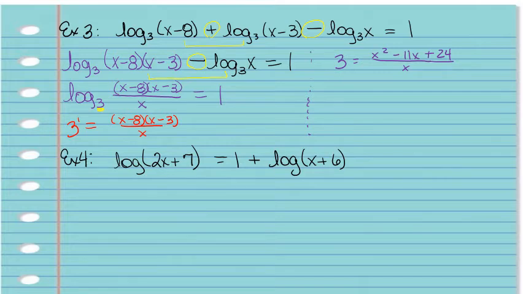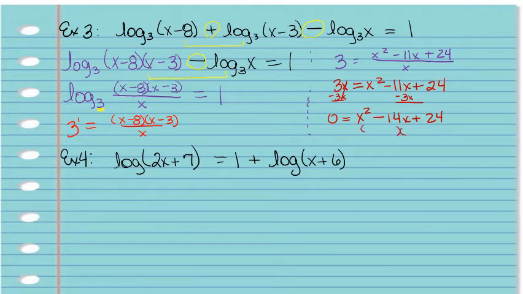And I'm going to have 3x is equal to x squared minus 11x plus 24. It's a quadratic, so I'm going to subtract the 3x on both sides. And I get x squared minus 14x plus 24 equals 0.